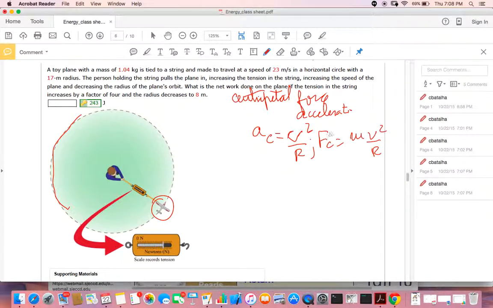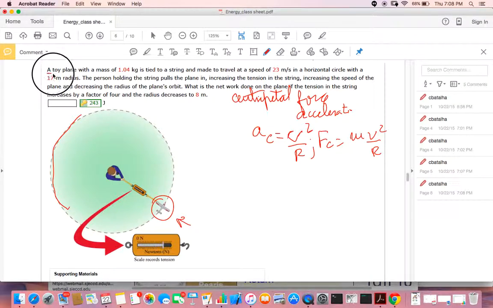Now, centripetal force is not an additional force to the system, but is the net force along the direction towards the center of rotation that allows your system, in this case the little airplane, to go in a curve. Okay. This is very important. So when you solve this type of problem, the first thing you ought to do is to come up with a decent free body diagram.